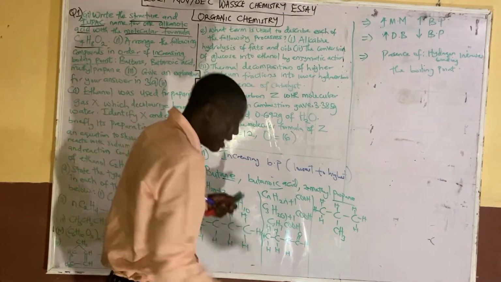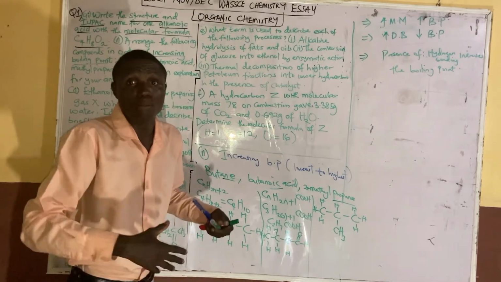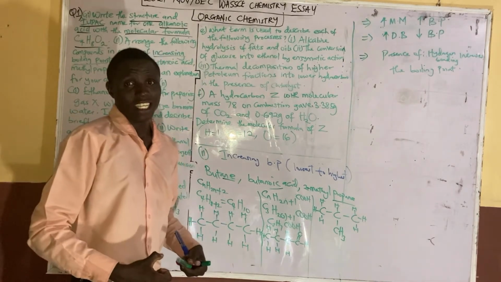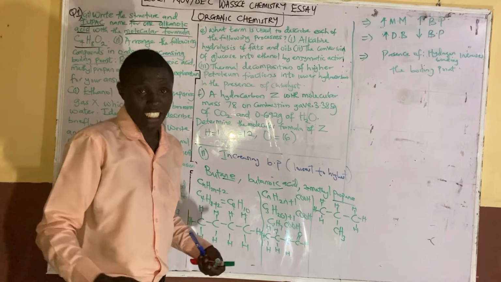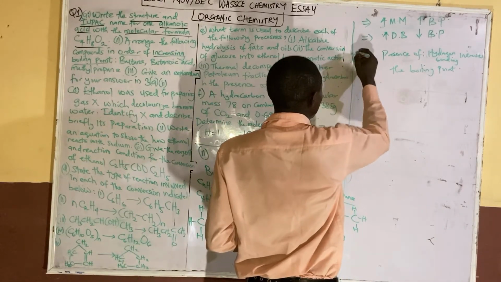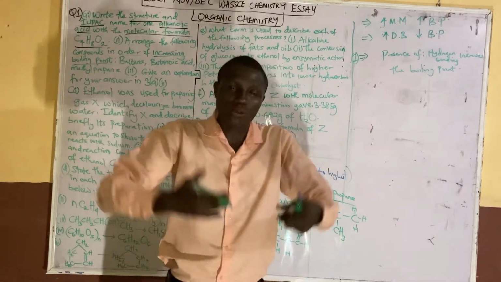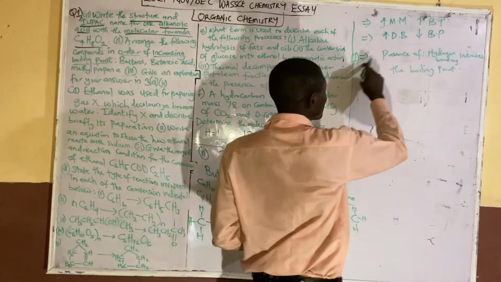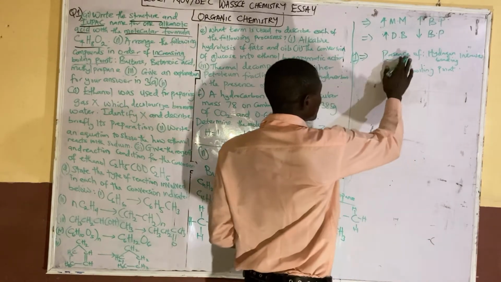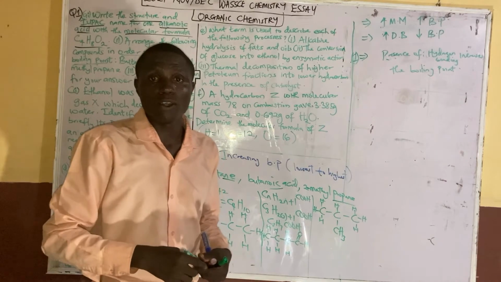Whenever you have OH in a compound, the boiling point increases, because the polarity also increases. This is the first priority, the first thing to consider, because the presence of OH multiplies the boiling point.